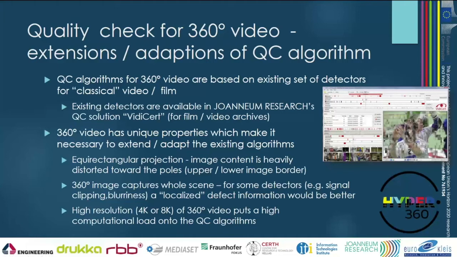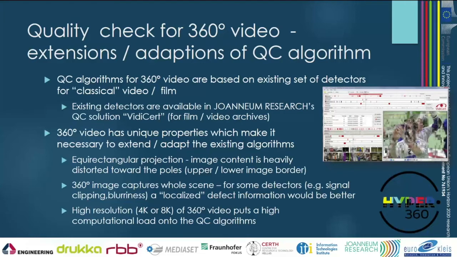So, some technical information about the extensions and adaptations we did for the QC algorithm. The QC algorithms for 360 videos are in fact based on an existing set of detectors for classical 2D video or film.